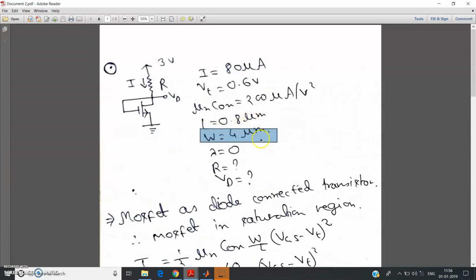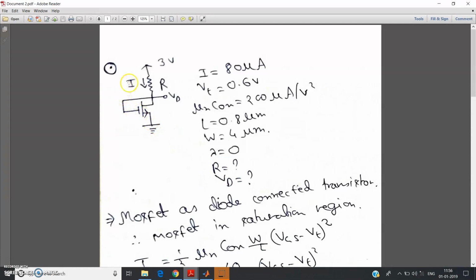W is 4 micrometer. Lambda is given as 0, that means you should neglect the channel length modulation. Now we have to calculate the value of the resistance and the value of the drain voltage VD.